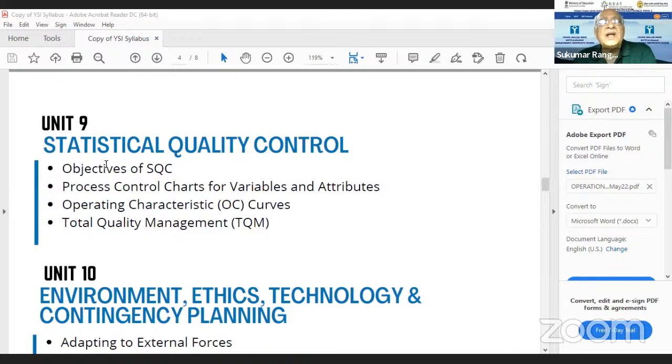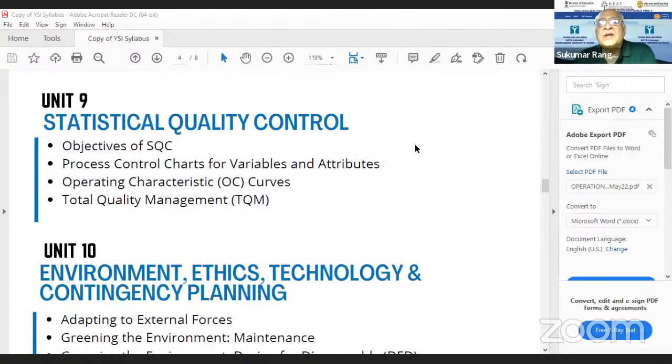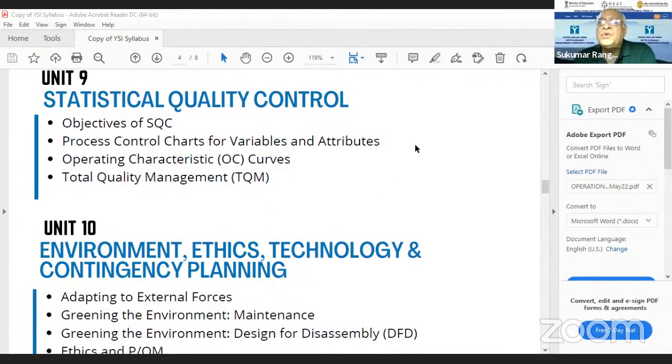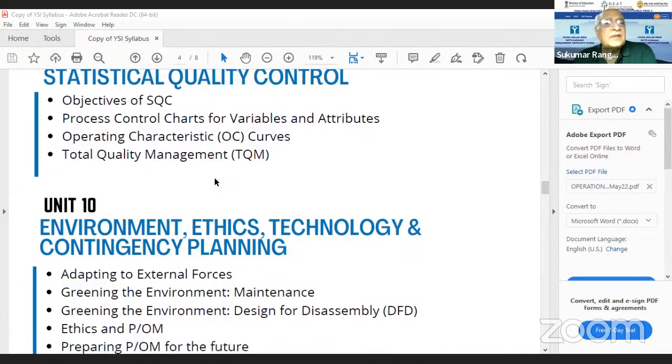Statistical process control, extremely important, especially in mass production, because this is again the basis for Six Sigma methodology. This will be taken, including total quality management, which is an approach to quality, basically.